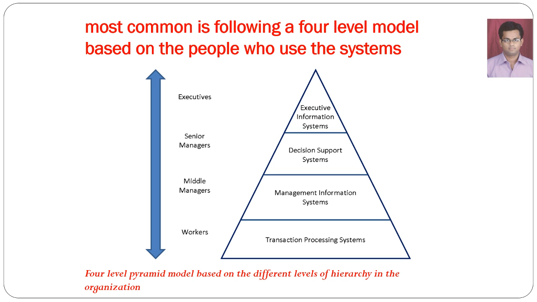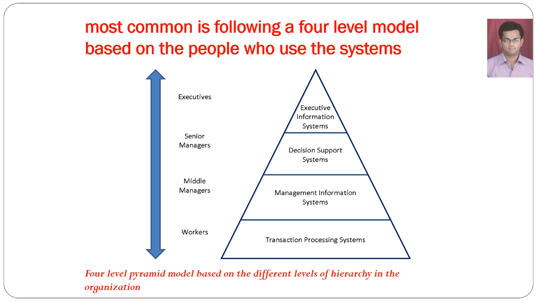Executives significantly correlate with executive information systems, senior management contribute in decision support systems, middle managers play a vital role in management information systems, and typical workers play a vital role in transaction processing systems.